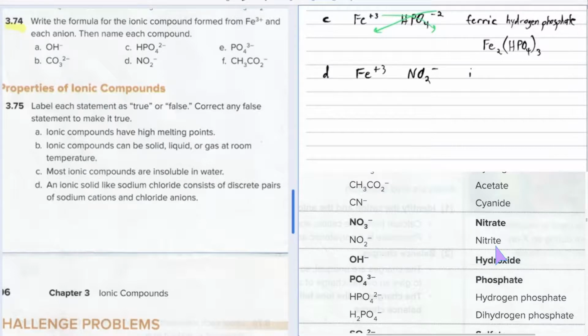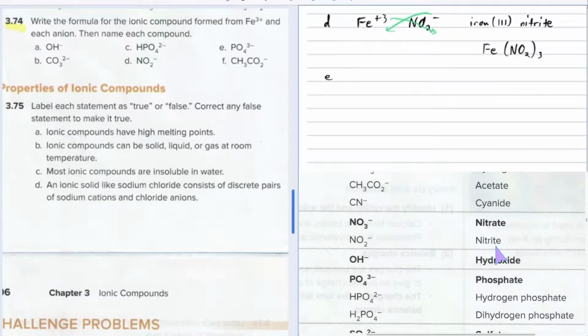So we'll call this iron 3 nitrite. And then the formula, you got one of these iron 3s and 3 of those nitrites. It's going to be Fe and NO2 3.